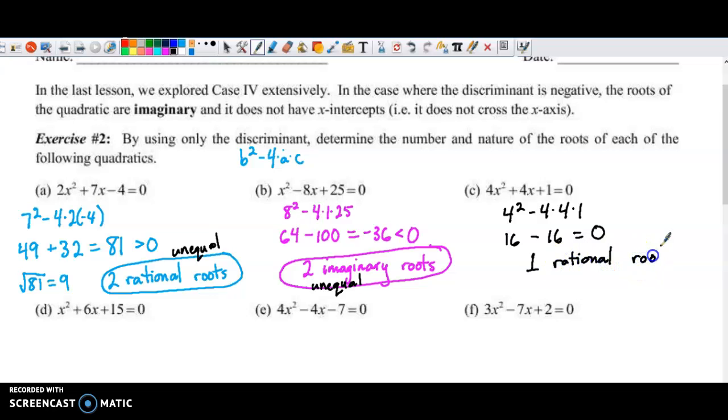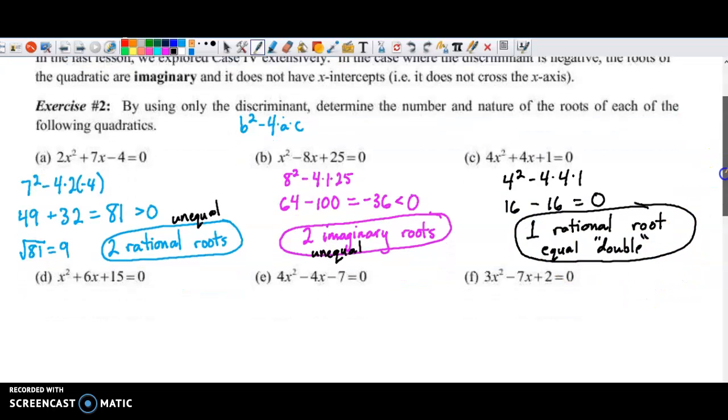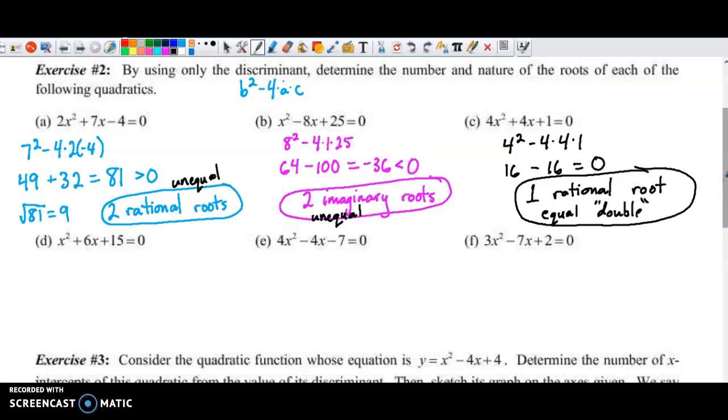But again, the answer key might say, because it is the equal, it's a double root. And we'll actually talk about that in the next exercise, exercise 3.